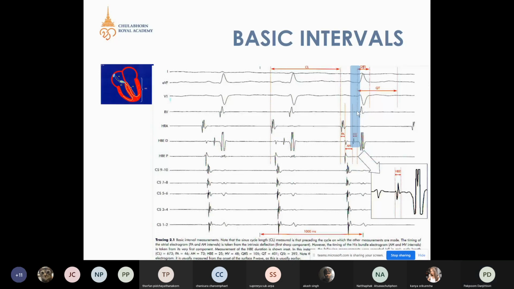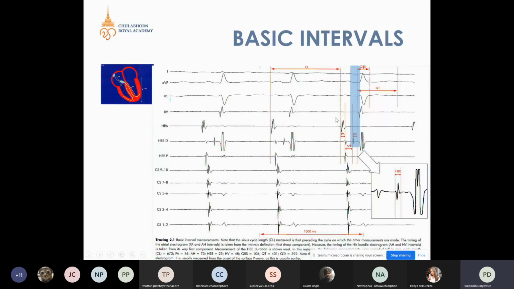If it is the earliest ventricular electrogram, it can be used to measure the HV interval, just like this. You can see the line here: this is the onset of the QRS complex, and definitely this is the onset of the ventricular electrogram as well.